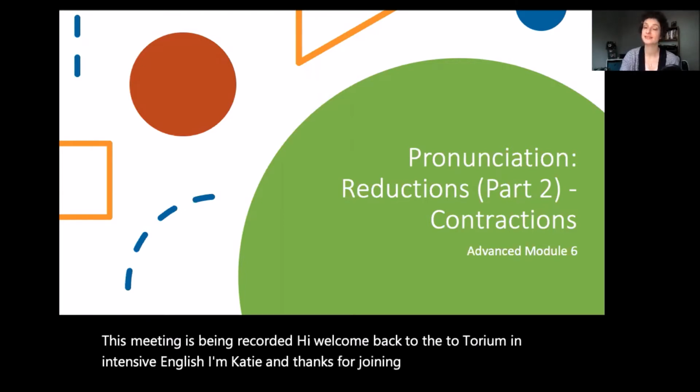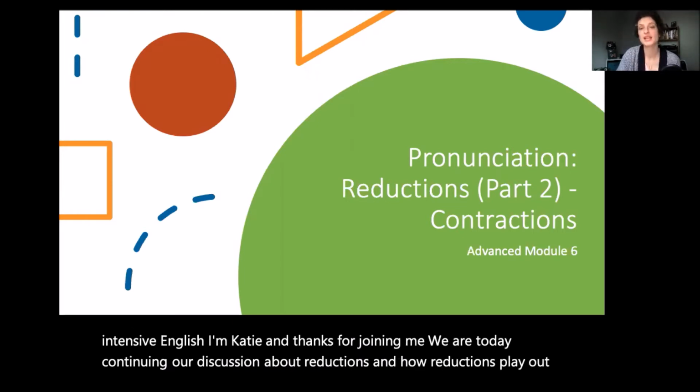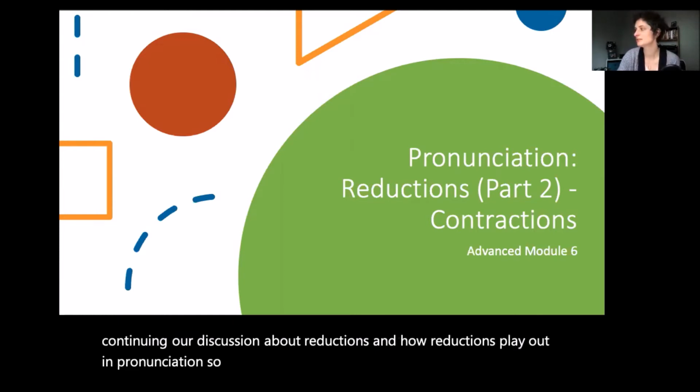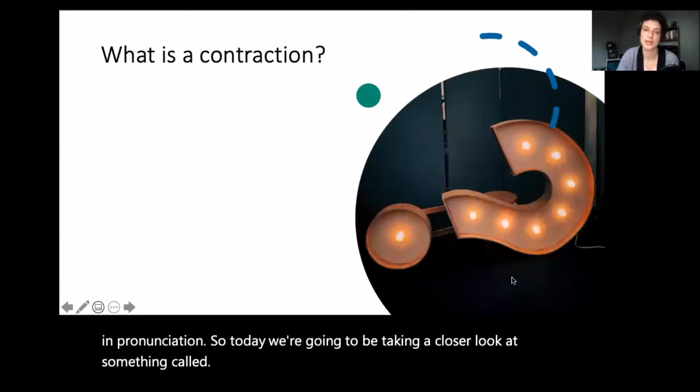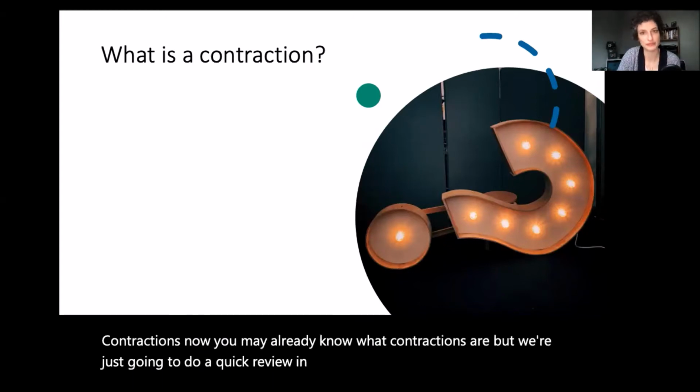We are today continuing our discussion about reductions and how reductions play out in pronunciation. So today we're going to be taking a closer look at something called contractions. Now, you may already know what contractions are, but we're just going to do a quick review in case you're a little fuzzy.